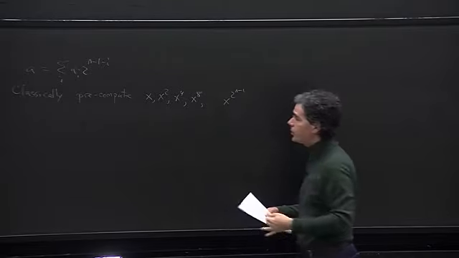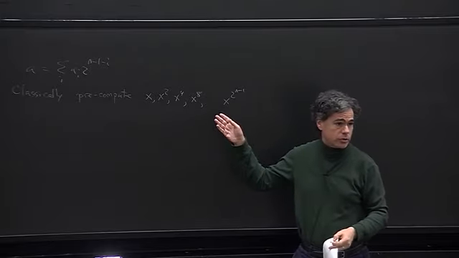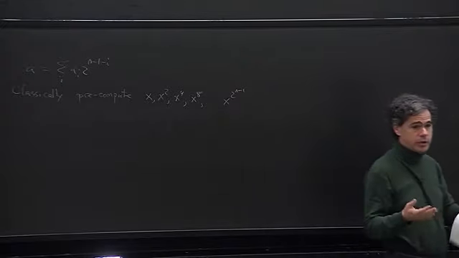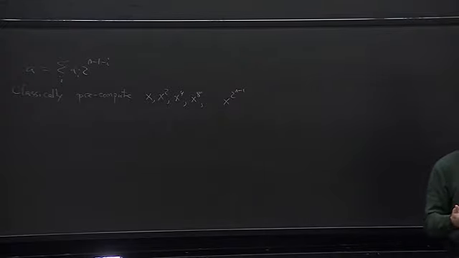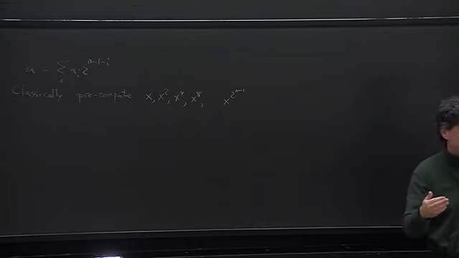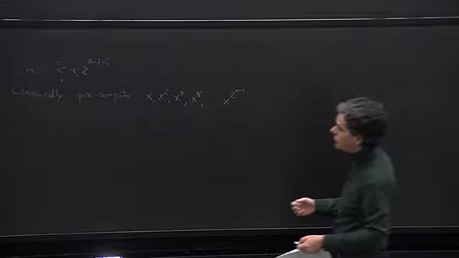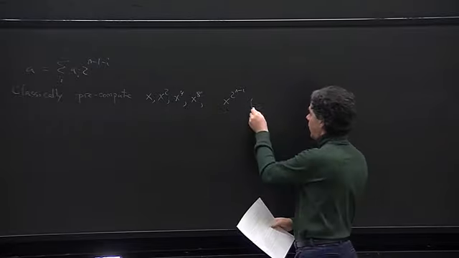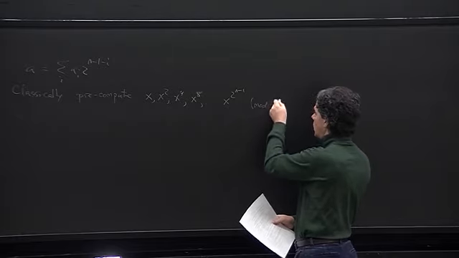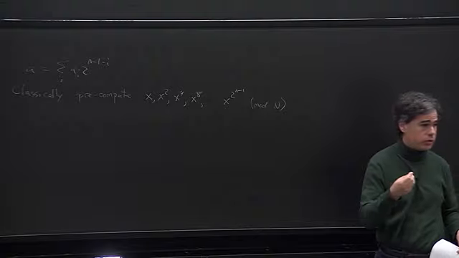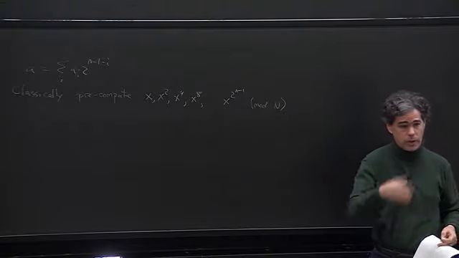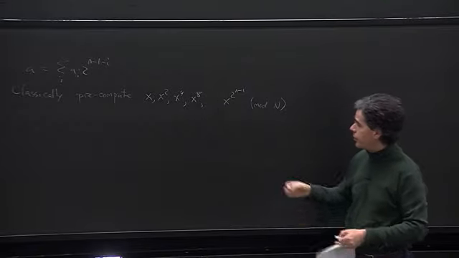Nothing bad happens if you do this using quantum circuitry, but we can just have this sitting around as classical information. We don't need to do it quantum mechanically. So we might as well push it into the classical part. And this is all mod big N. We can use these values to develop the quantum circuit, so we can figure out what quantum gates we need based on these numbers.